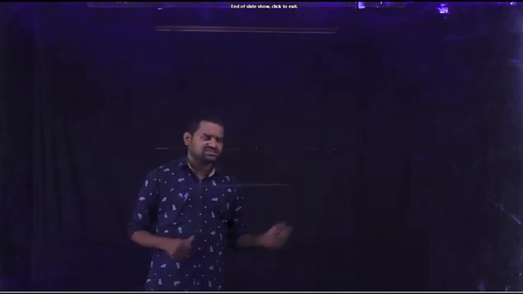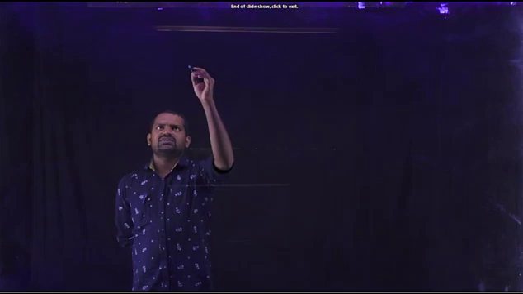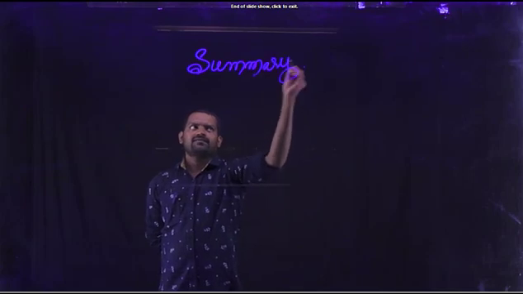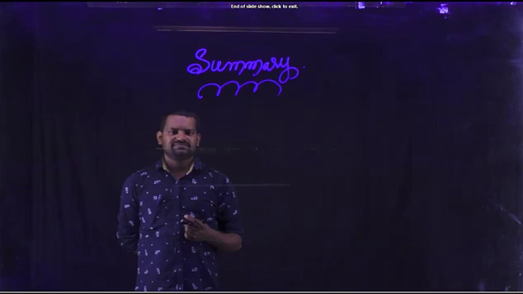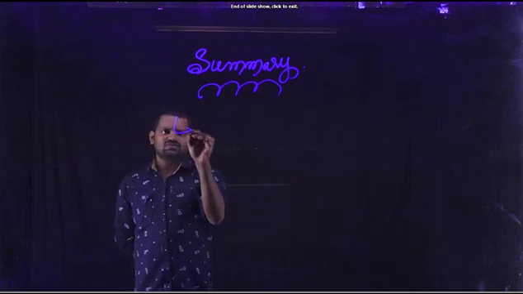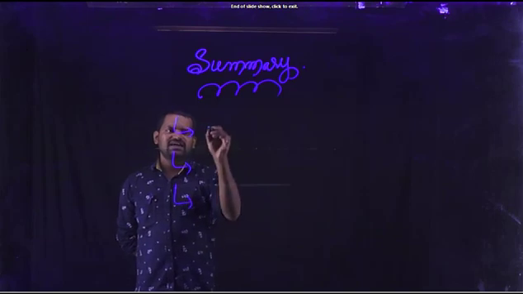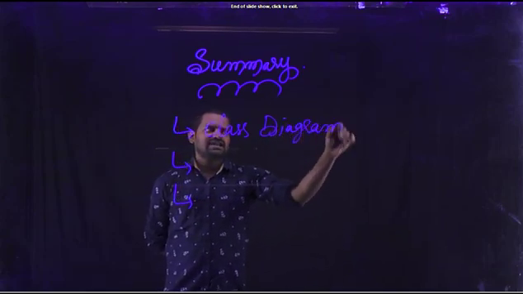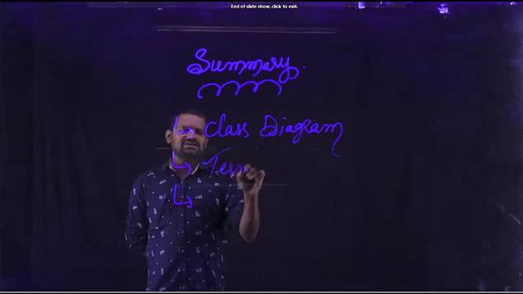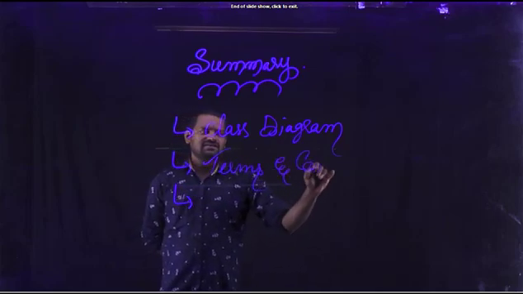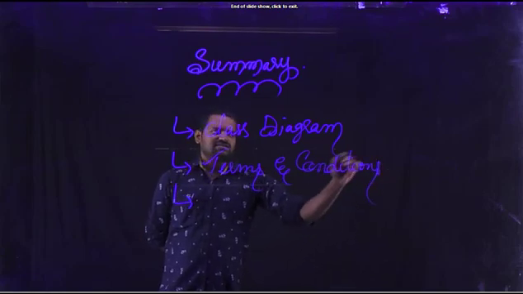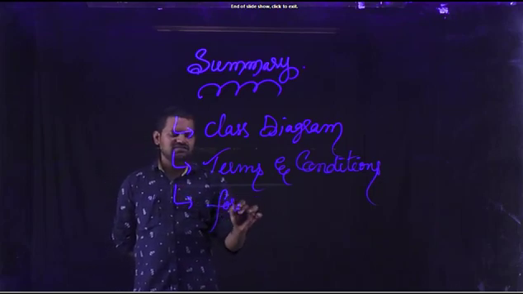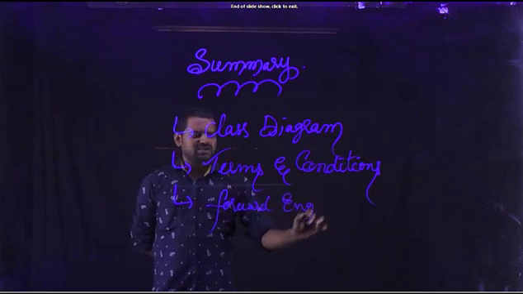So, in this class, the summary: we studied the class diagram, what a class diagram is, class diagram terms and conditions, and the third one, forward engineering.